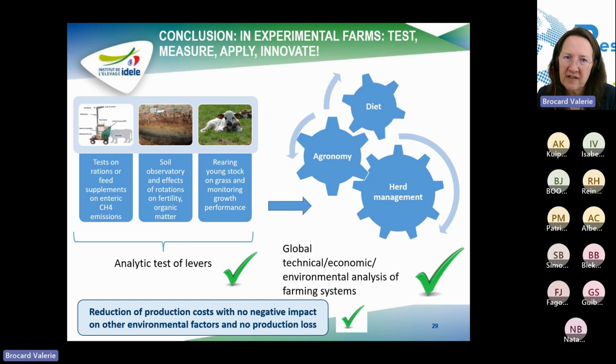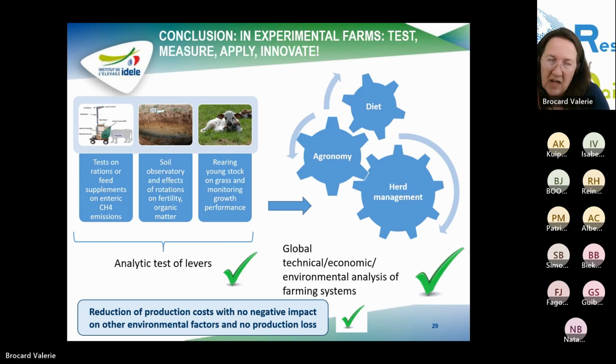So my conclusion is that it's possible in an experimental farm to combine tests of specific levers to decrease the carbon footprint, but also to implement a global low carbon system where you are combining measurements on technical impacts, on economical impacts, and environmental analysis of the levers you have implemented.